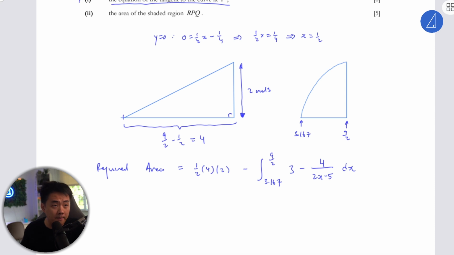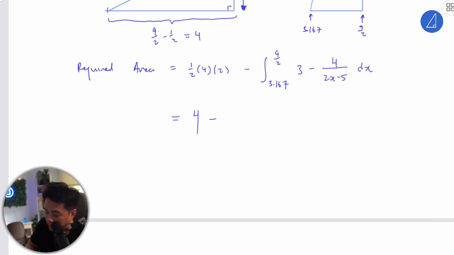Okay, that's that. This will give us 4 minus, integrating 3 will be 3x. Integrating this will be 4 ln(2x minus 5) divided by 2, because the coefficient of x is 2, right? This is where a lot of students will forget.